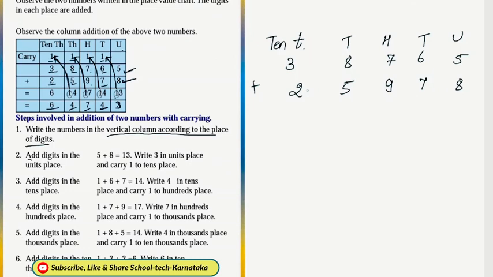The next step that we need to do is add the digits at the units place. So at units place we have 5 and 8. So 5 plus 8 is 13. Write 3 in the units place and carry 1 to the tens place.